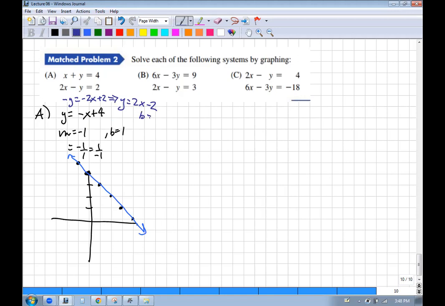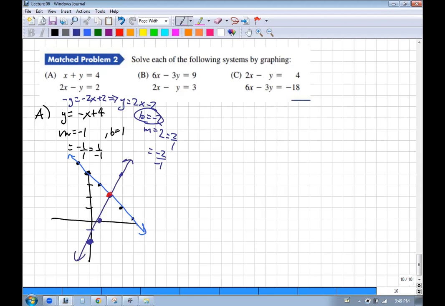So my b here is -2, and my m is 2, or 2 over 1, which could also be written as -2 over -1. These are all just 2, which is my slope. First off, my b is -2. And now my slope says for every 2 I go up, go to the right 1. Up 2, right 1. Up 2, right 1.